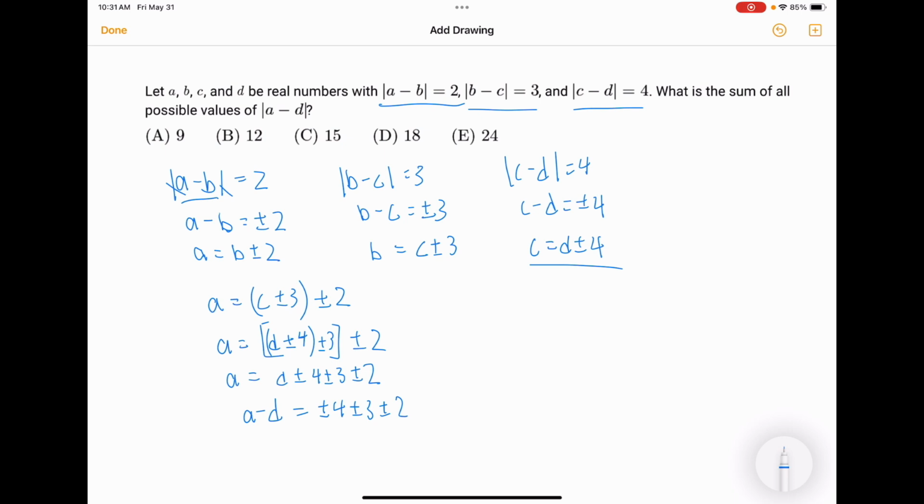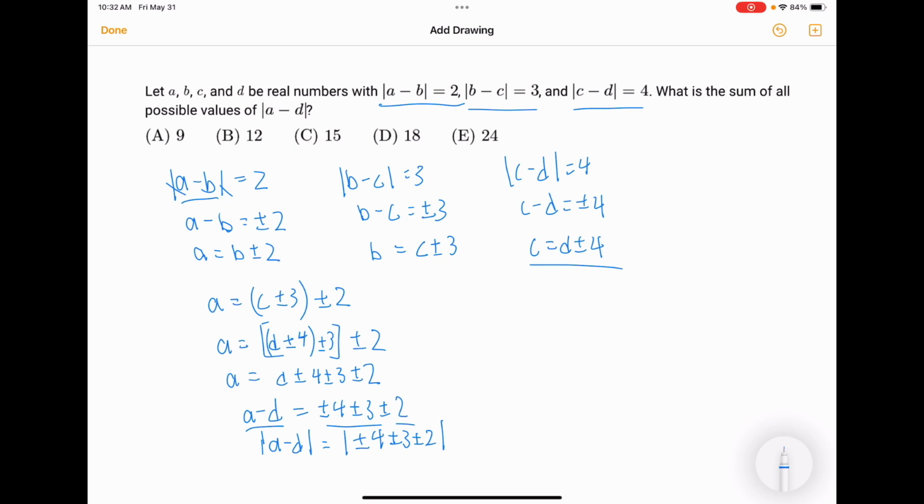And so if we want to put the absolute value of a minus d on this side, then that means that we also have to put it on this side. So we would get a minus d, and we have the absolute value symbol, and then we have to put the absolute value on the other side as well.